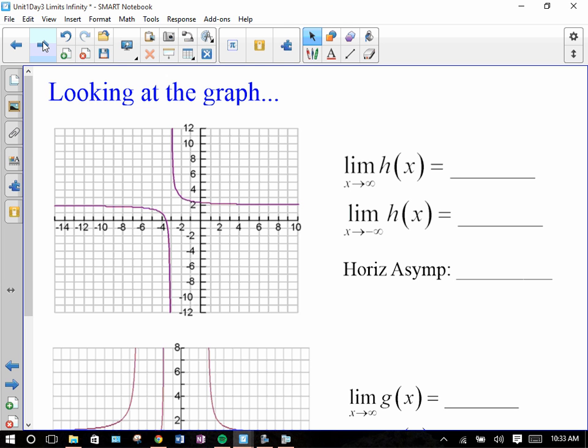Now, what is this value? This is the horizontal asymptote. Looking at the graph, it's easy to see: the y value is getting closer and closer to 2 as x gets larger.